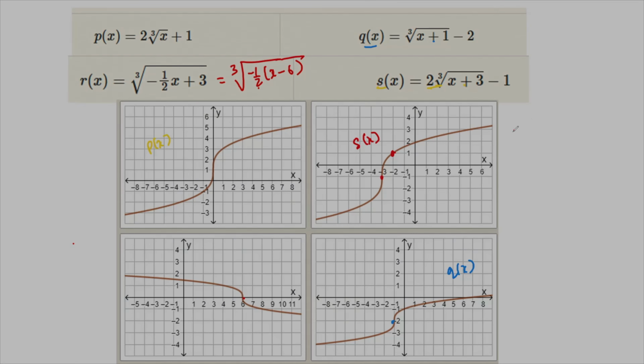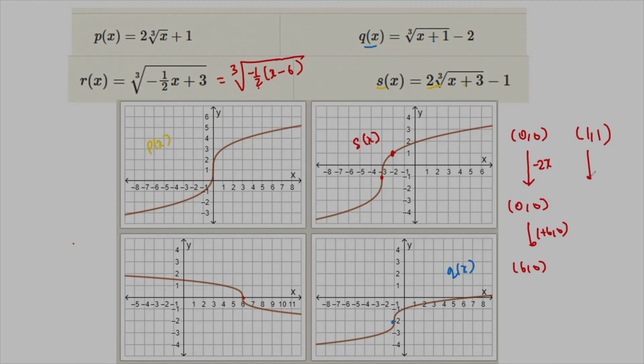So if (0, 0) is on the parent function, multiply the x by negative 2. It will remain (0, 0). Then 6 to the right, so it will become (6, 0). No change to the y. So the center is (6, 0).